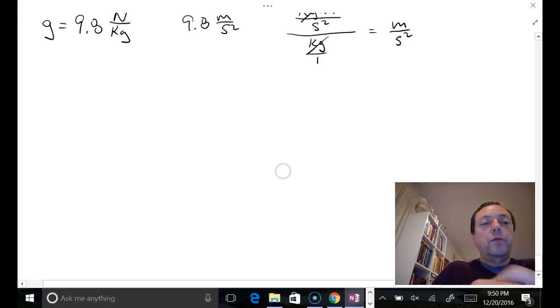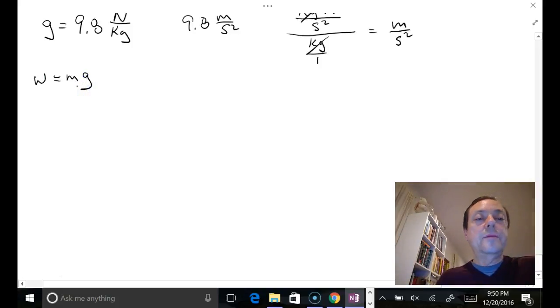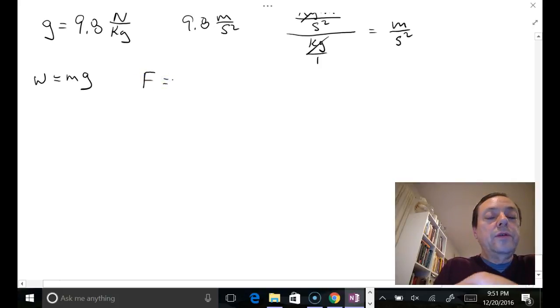So we already know that near the Earth's surface, weight is mass times gravity, that acceleration due to gravity. And we've just done a little bit with universal gravitation.